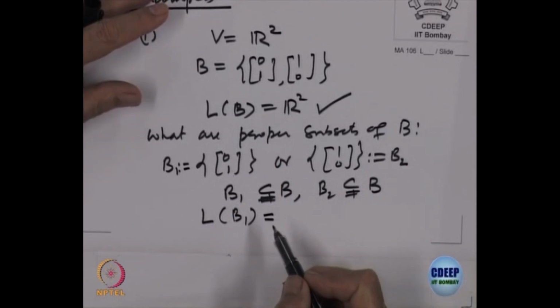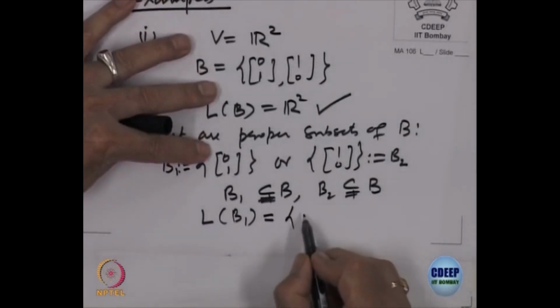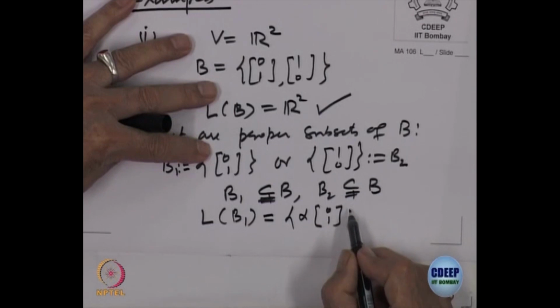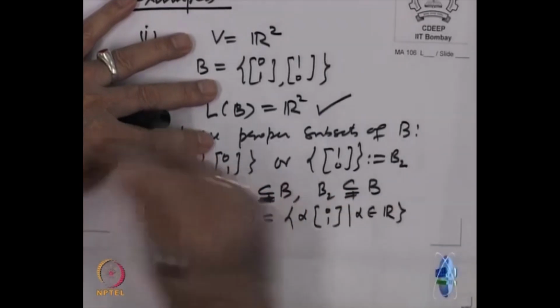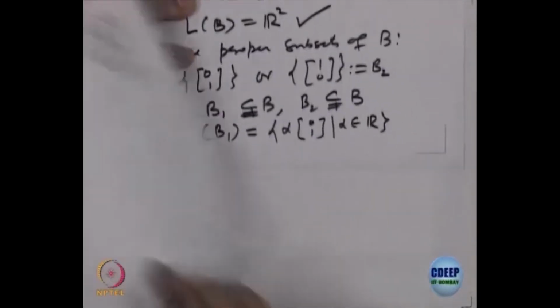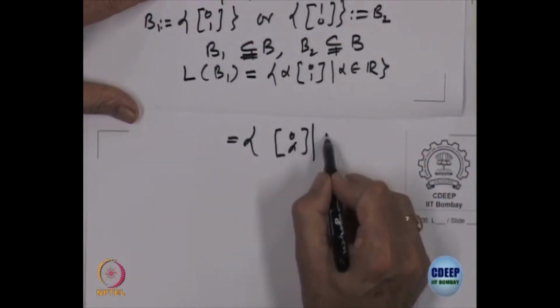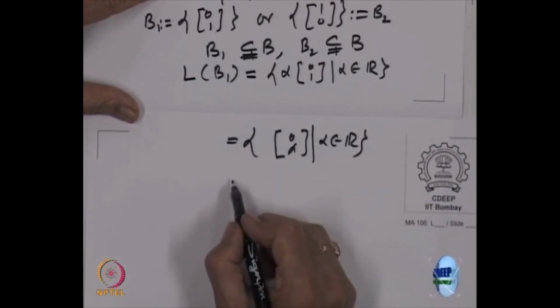Now, what is the linear span of B 1? We want to check whether it is equal to the whole thing or not. It is alpha times 0 1, where alpha belongs to R, and that is equal to 0 alpha, alpha belonging to R. What is this?